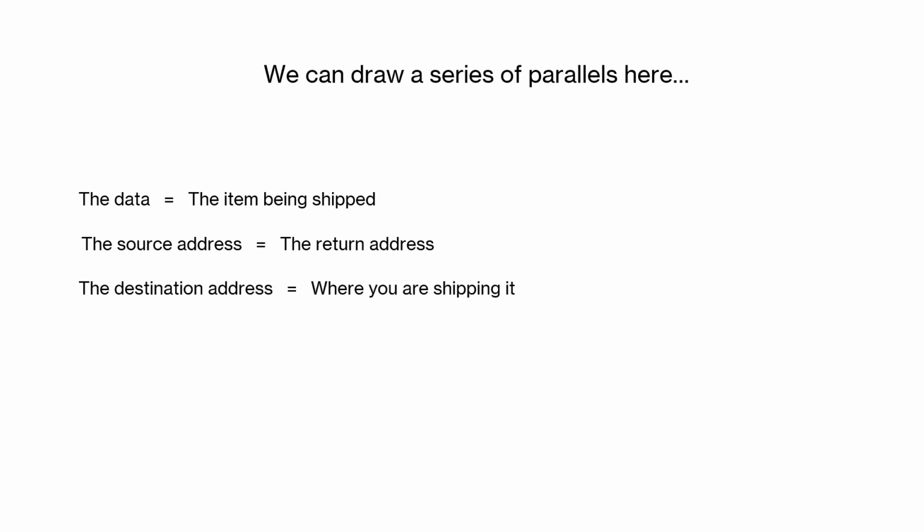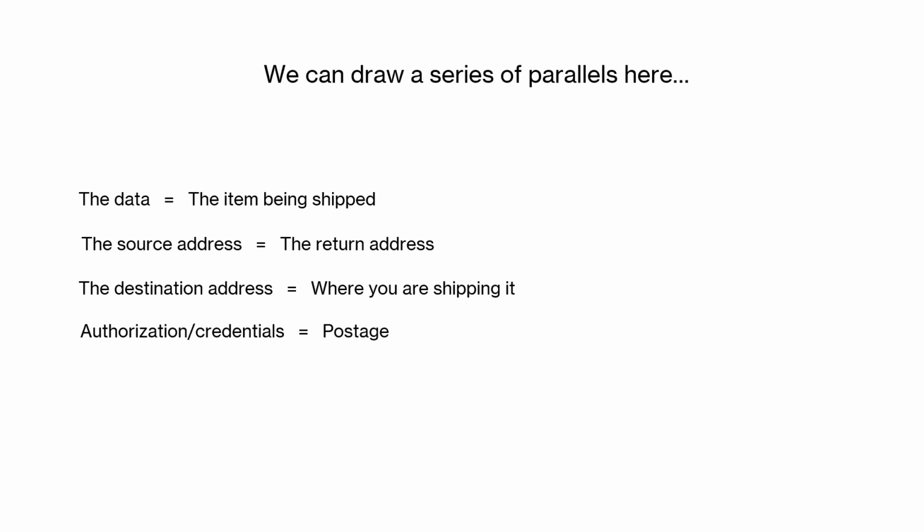The destination address, similar, is the same as where you're shipping the item to. So in the network packet, there will be a binary version of the node that the data is to be sent to. And on the package, you will have an address, a shipping address where you are shipping the package to.